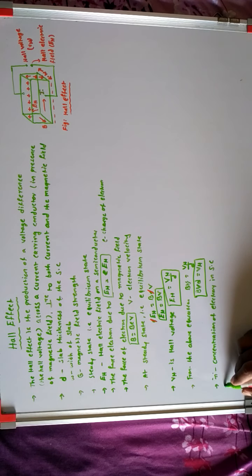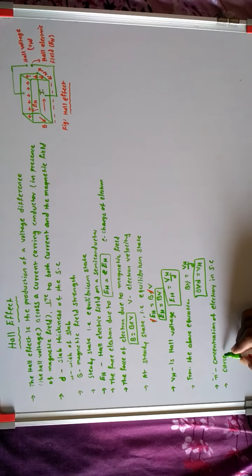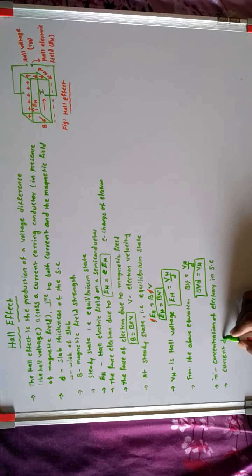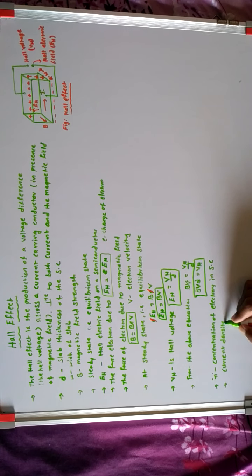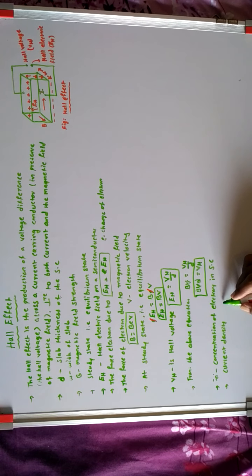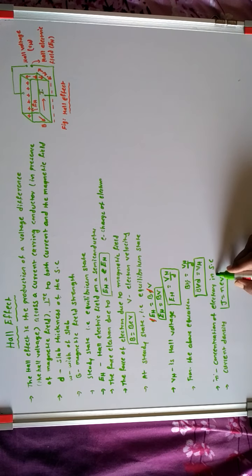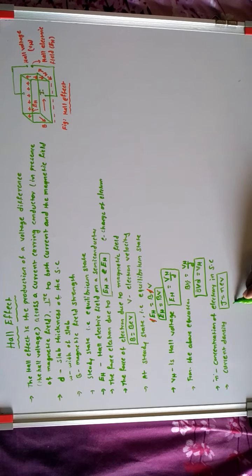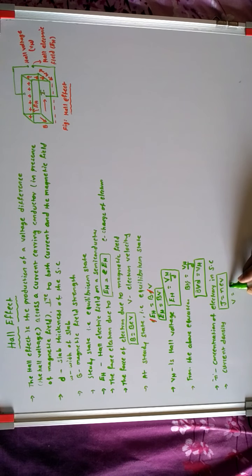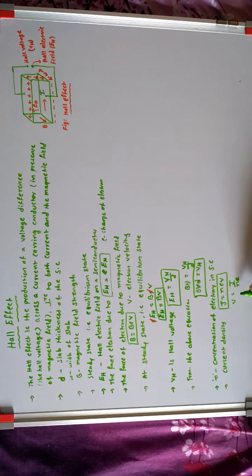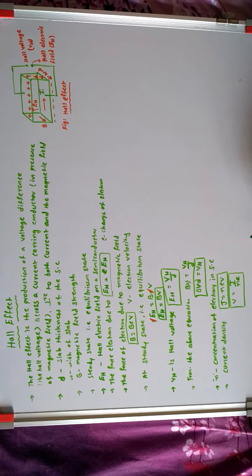According to current density, the formula for current density J equals nev. Here V is J by ne.